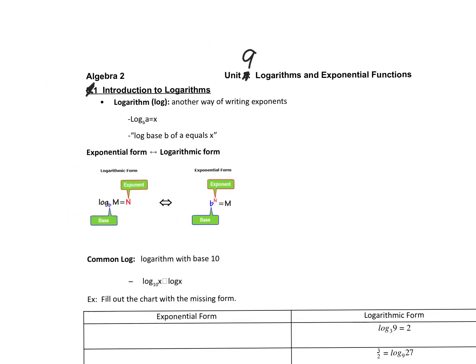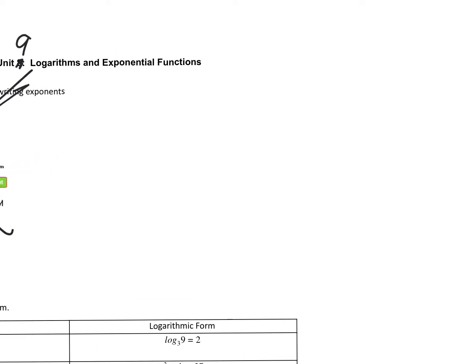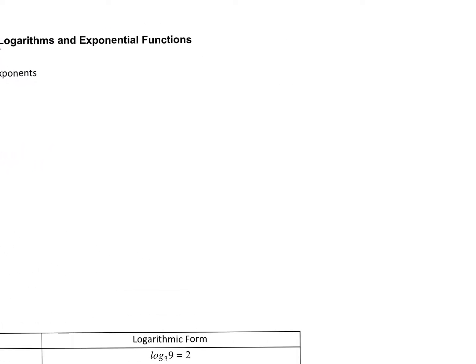So what I want you to do, put an X through all of this stuff because it's really not important and it's just going to confuse you. And I want you to write this. Log, little lowercase b next to it, that stands for base, of a equals x.